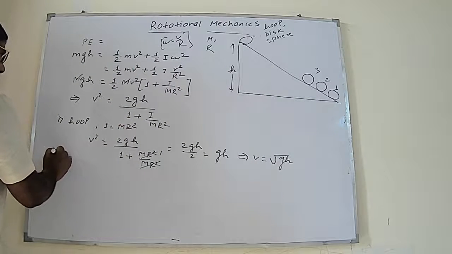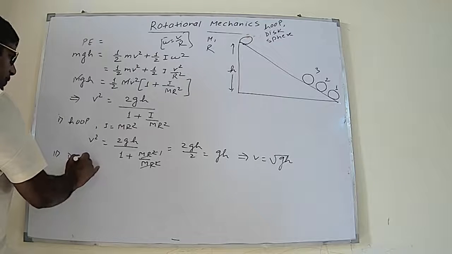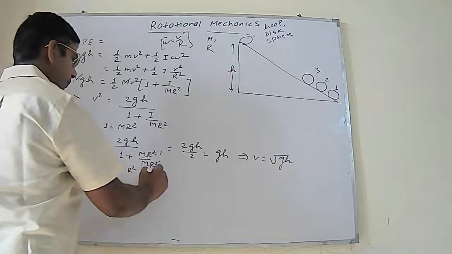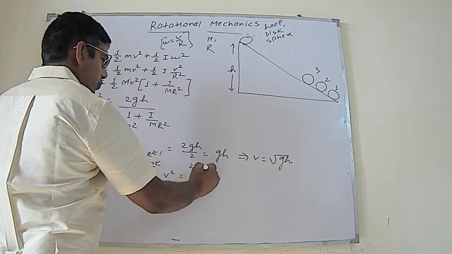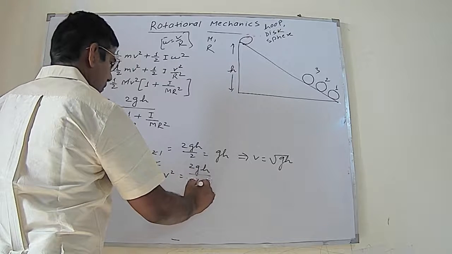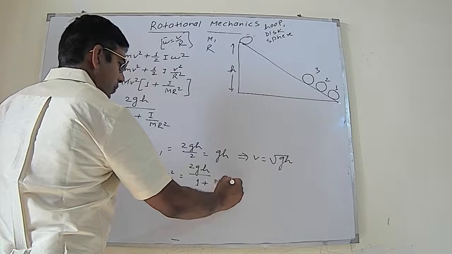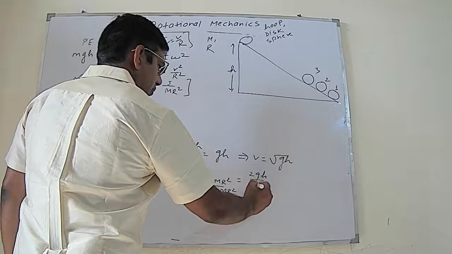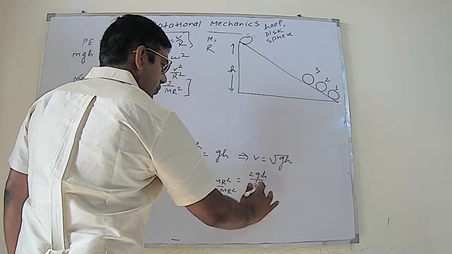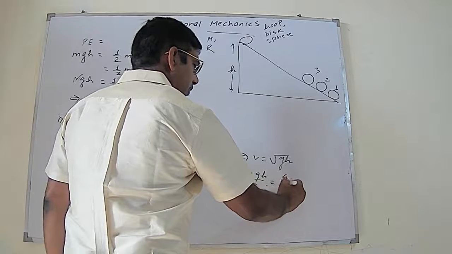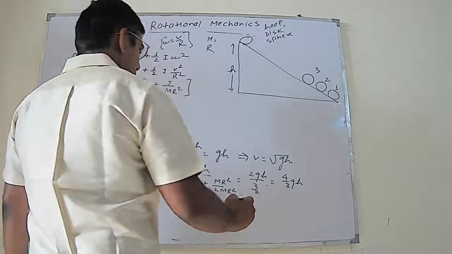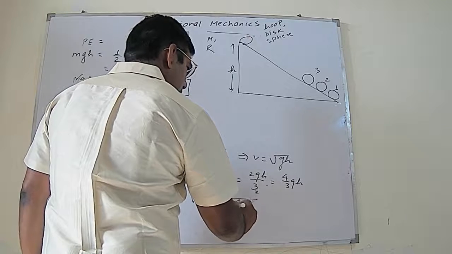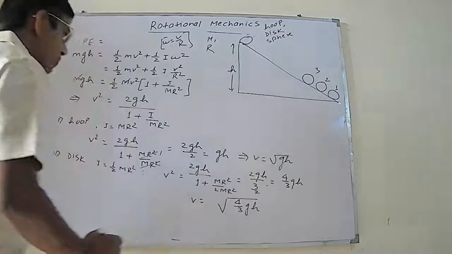Second case, the disk: I is half of mr square, so v square is 2gh divided by 1 plus 1 by 2, which is 2gh over 3 by 2, so 4 by 3 gh. So v is equal to root over 4 by 3 gh.